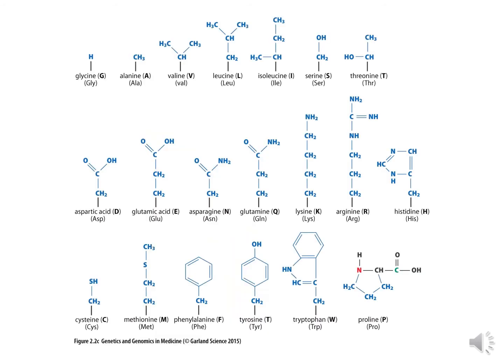Now shown in this slide are the 20 different amino acids, the principal amino acids that we find in proteins. And as depicted are their side chains. So you can see in the amino acid glycine, there really is no side chain functional group. We have a hydrogen atom. Whereas in alanine, we have a methyl group, and then it gets increasingly complex in variability.